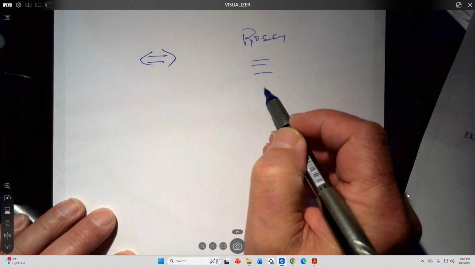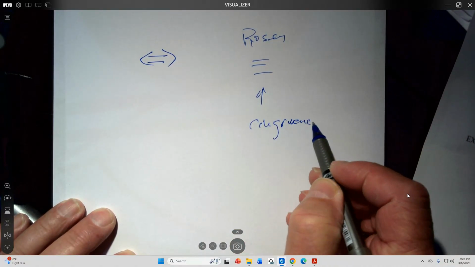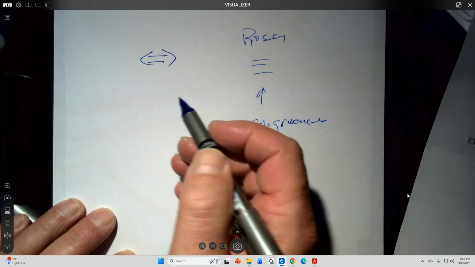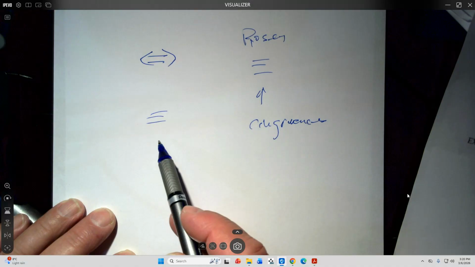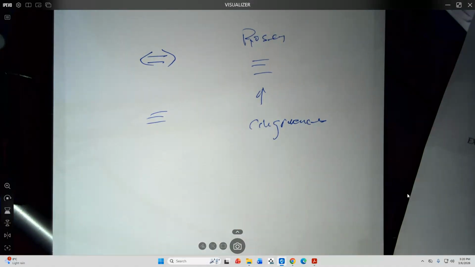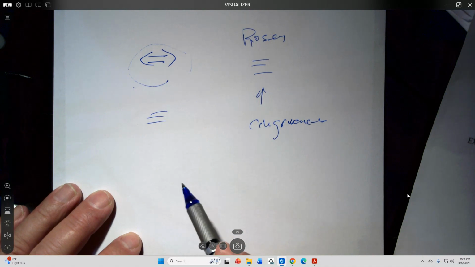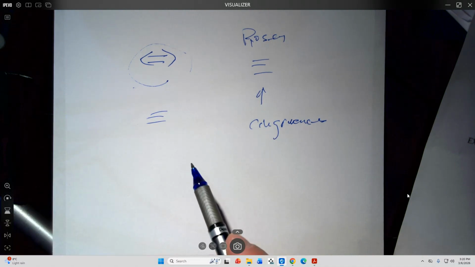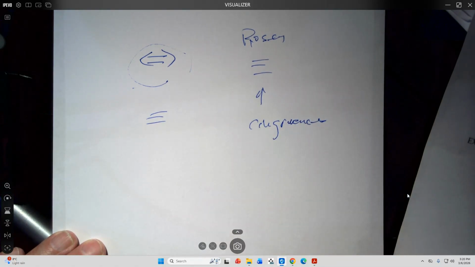Now, this symbol is also used for congruences, but Rosen also uses this for logical equivalence. So there's a lot of confusion here. I want you to use this for logical implication or logical equivalence, and this for congruences, and that's it.